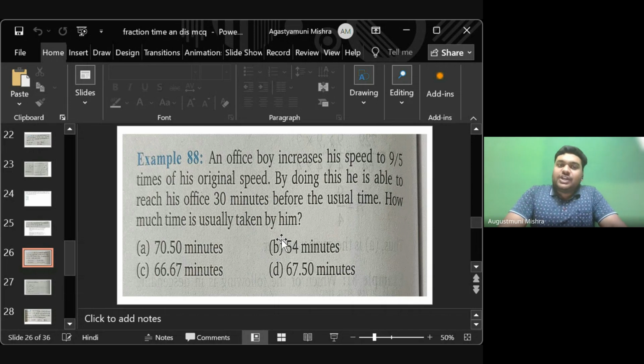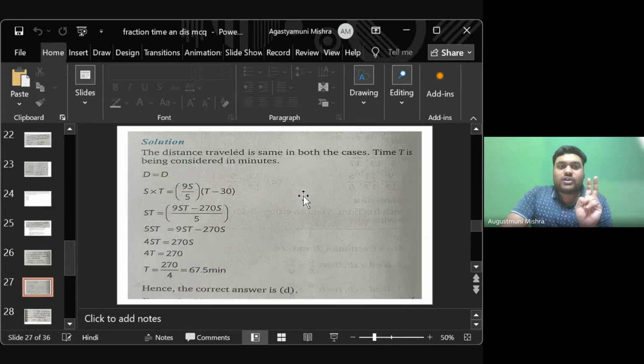In this kind of question, you have two speeds, the original speed and the increased speed, and only those you are going to compare here. That is clearly visible in the first step of the solution, D equals the original speed versus the increased speed.